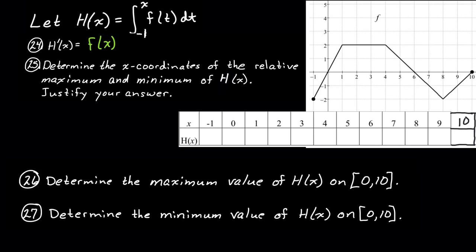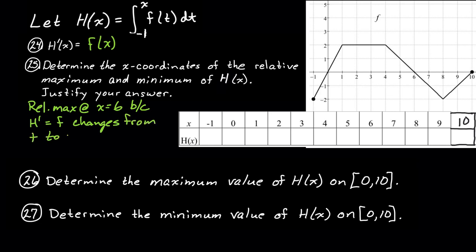So you are going to have a relative max at x equals 6 because h prime, which equals f, changes from positive to negative.